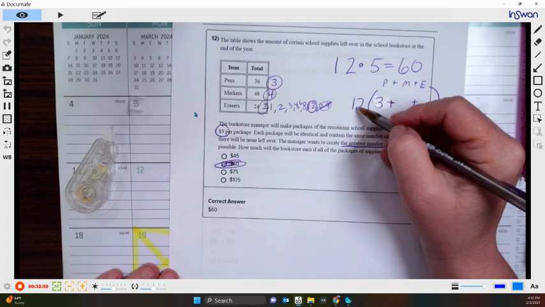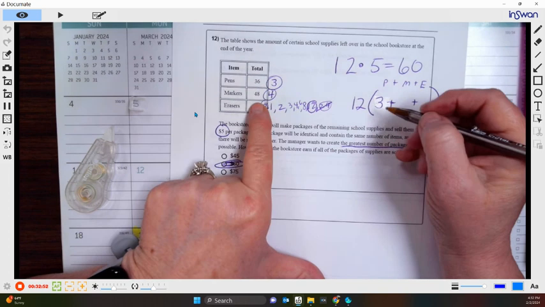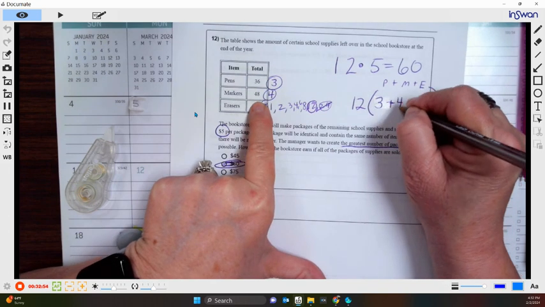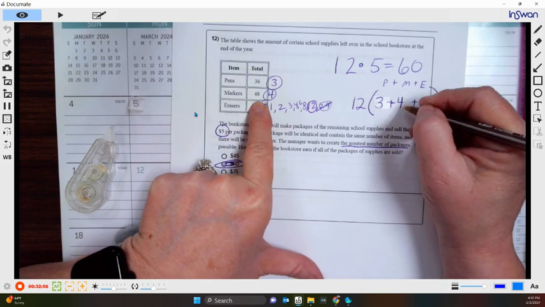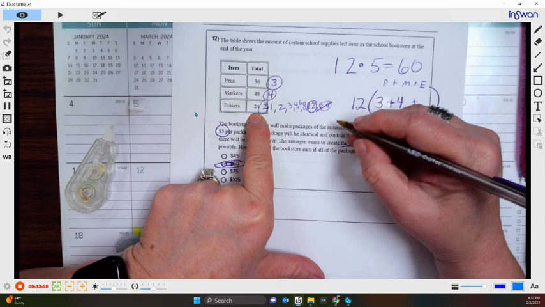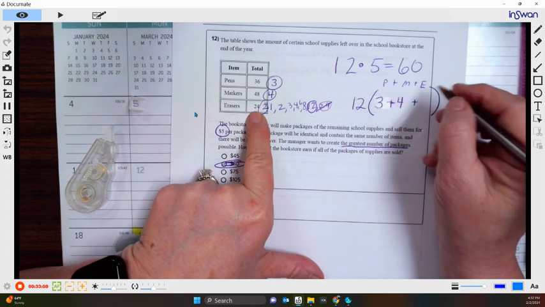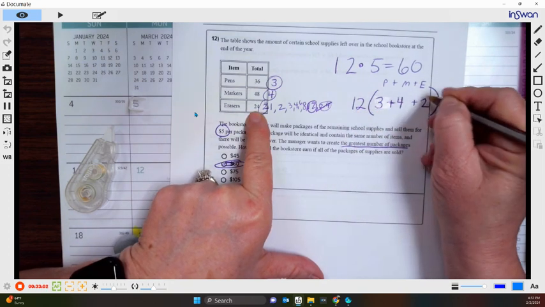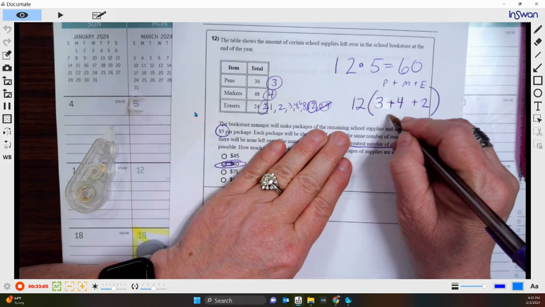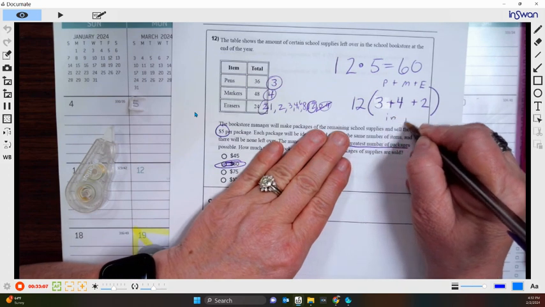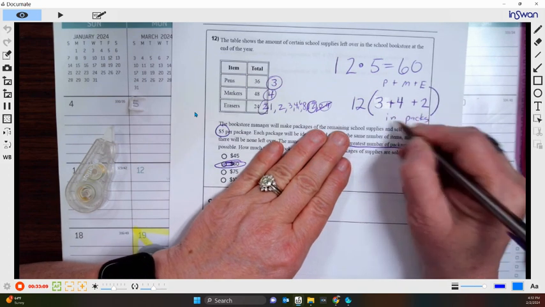I'll look at 12 and I'm comparing it to 48. I know that 12 times 4 is 48. So that means there would be 4 markers. And I'll look at 12 compared to 24. 12 times 2 is 24. So that means you would have 2 erasers. So this is what is in the packages right here.